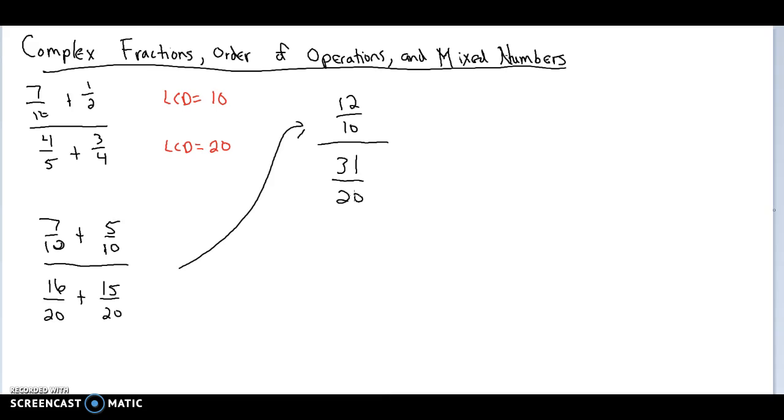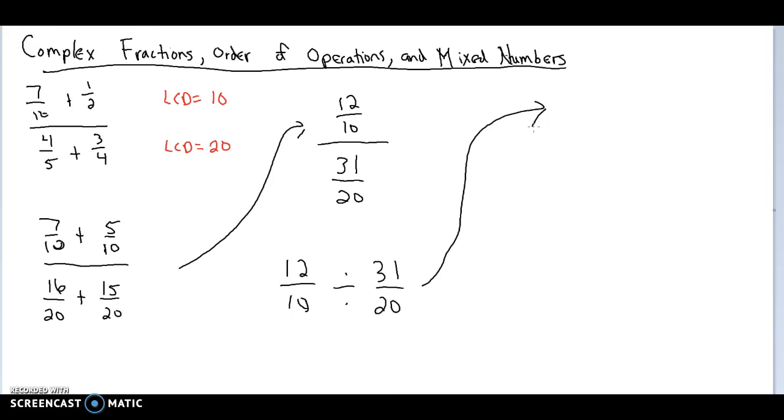Now here's where we would change it to a division problem, because remember, a fraction is a way of expressing division. So really what we have here is 12 over 10 divided by 31 over 20. And as we all know, when we divide fractions, we're really going to multiply by the reciprocal of that second fraction.